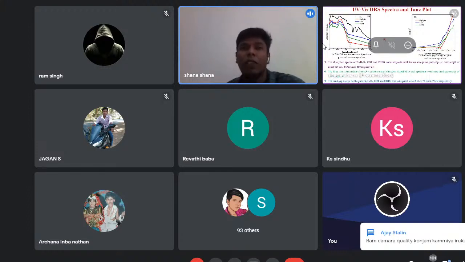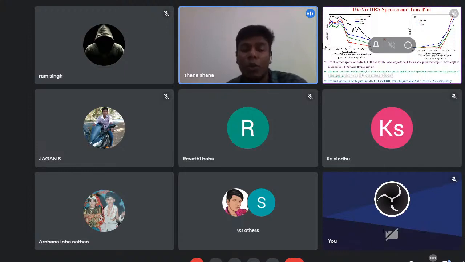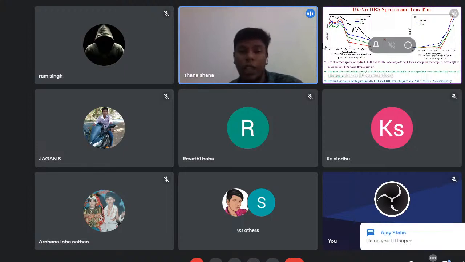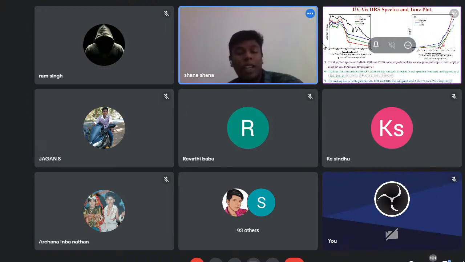Like zinc oxide, which you will study as about 3.2 eV or something like that. Did you ever wonder how people in the scientific community measured that? This is the technique for that. By using a Tauc plot, you can measure the band gap energy of certain semiconductor materials.